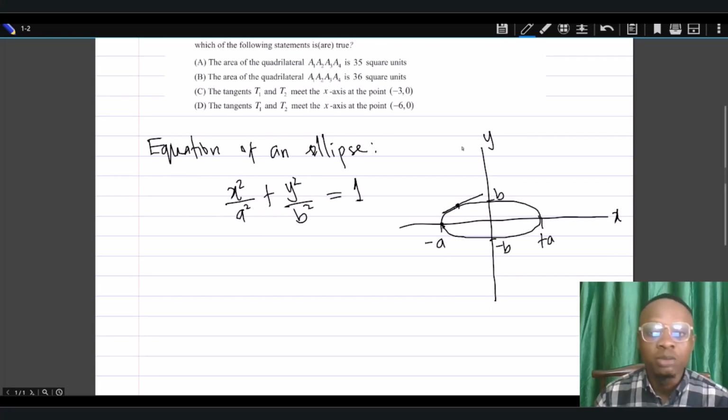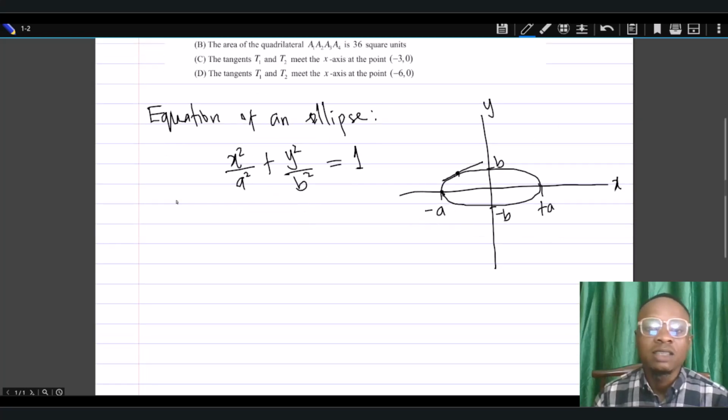So the slope will be the same for the line because the line will touch both of them. Because of that, it is best we use the slope form of the equation of the tangent to the ellipse.